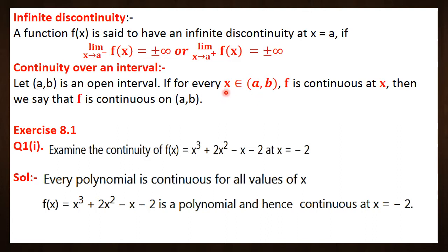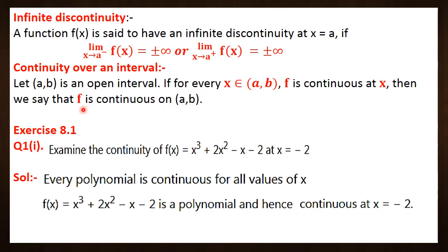If for every x belonging to the open interval (a, b), f is continuous at x, then we say that f is continuous on (a, b). That is, f is continuous at every value of x belonging to this interval. So we can say that the function is continuous on the open interval (a, b).